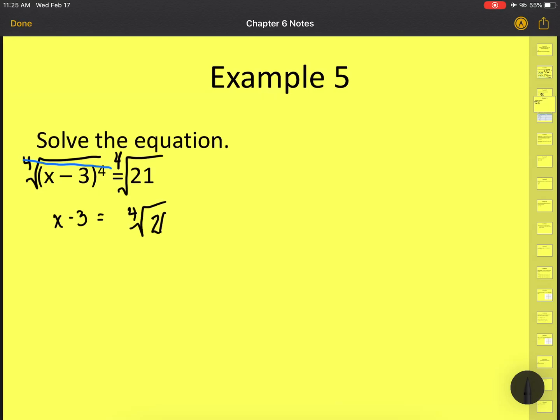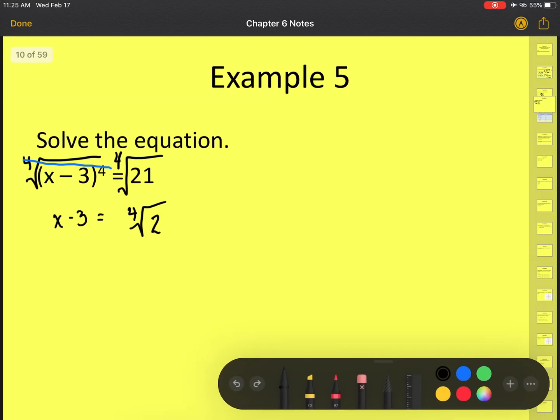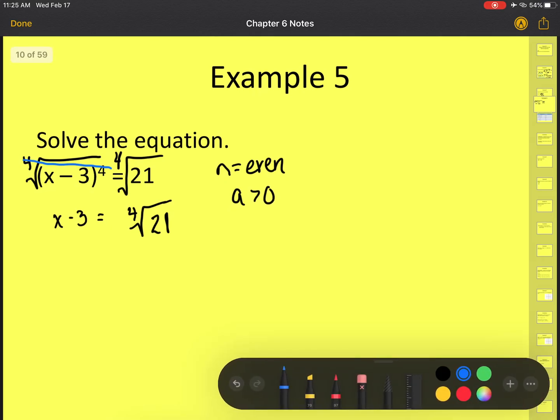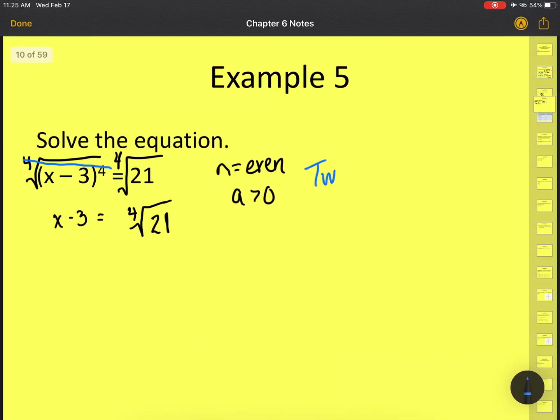And before we evaluate that, let's think about what kind of answer that would be as a root. Okay, so in this case, our n is even, and our a is greater than 0. And what we talked about at the beginning, well, n is even and a is greater than 0, I should have 2 real nth roots, which meant that I had that plus or minus in there.